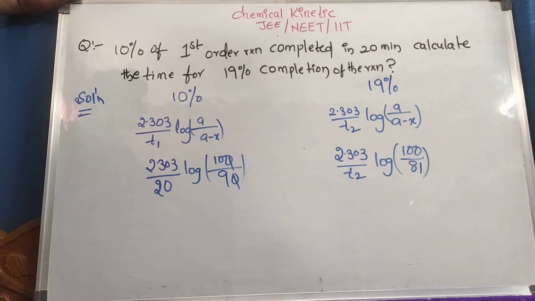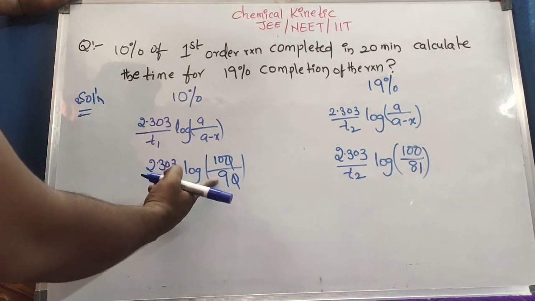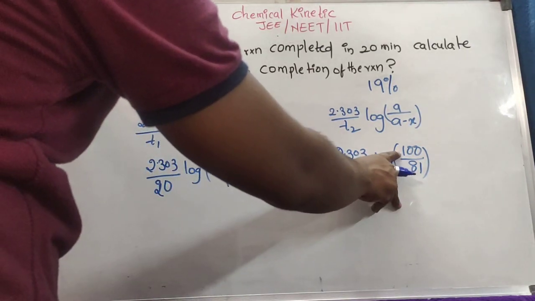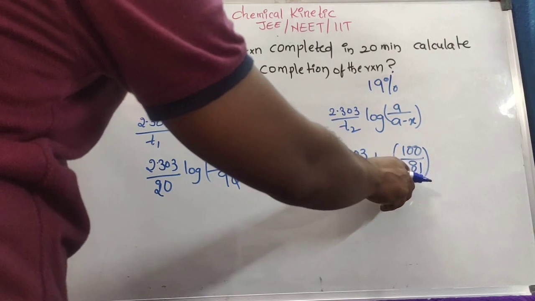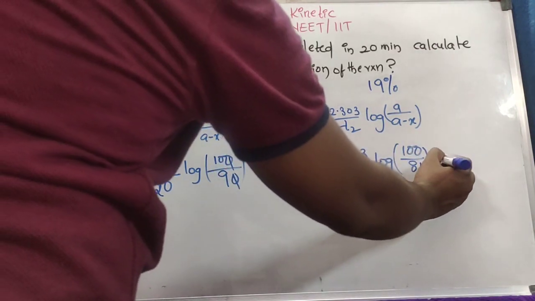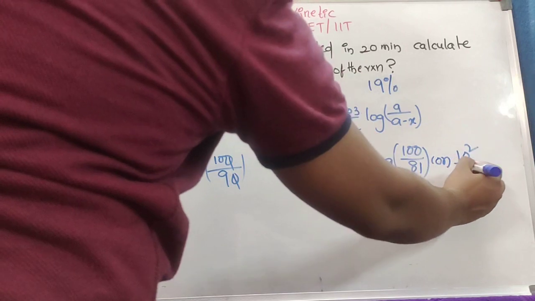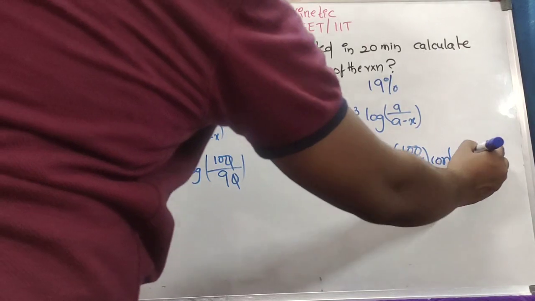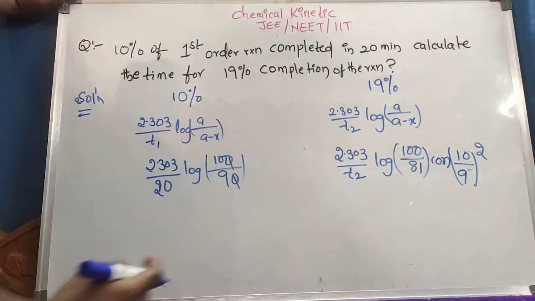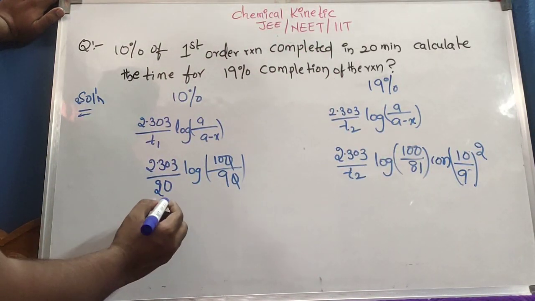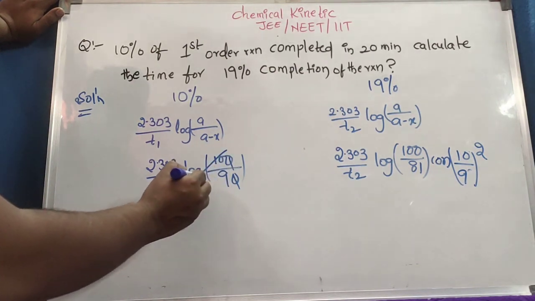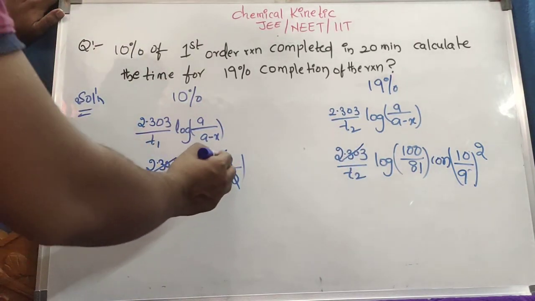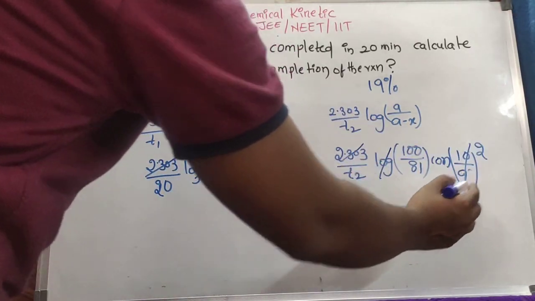So 100 by 90 is 10 by 9, and here 81 and 100: 10 tens are 100 and 9 nines are 81. So it converted into 10 square by 9 square. Very easy. So 2.303 gets cancelled, and log 10 by 9 and log 10 by 9 get cancelled.